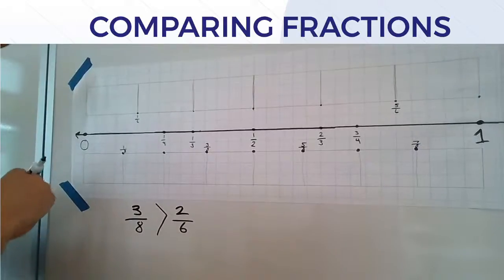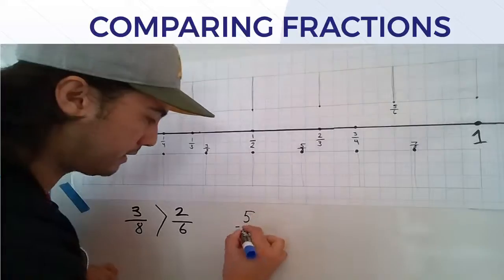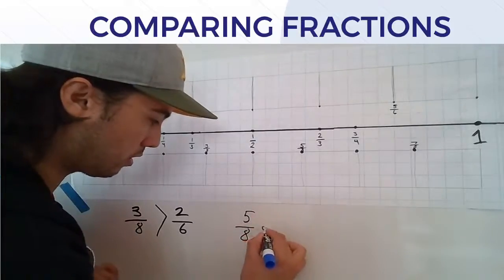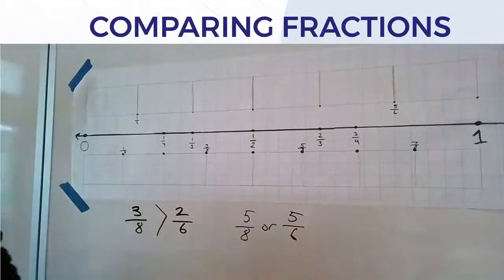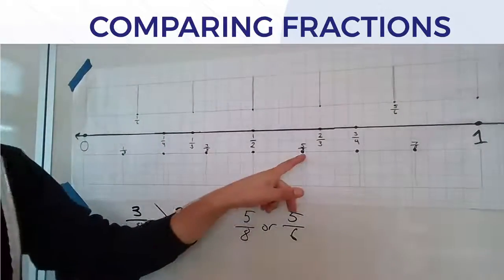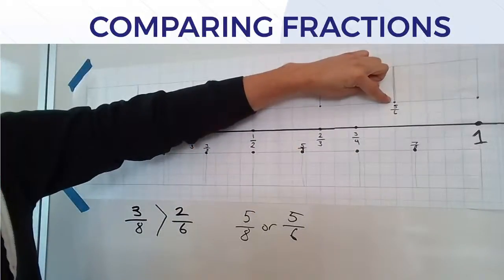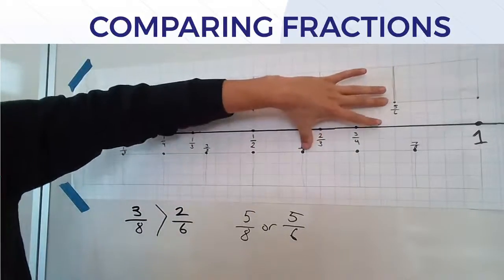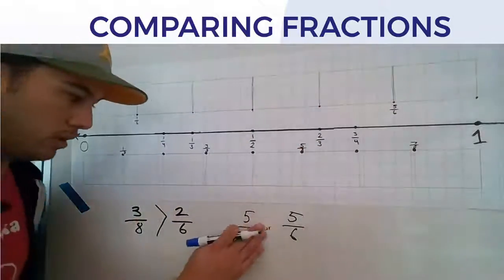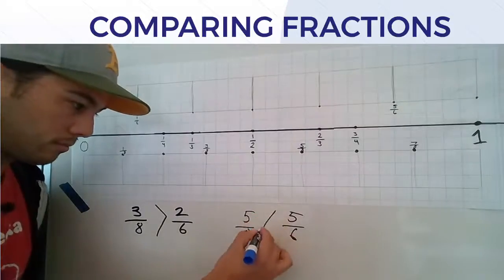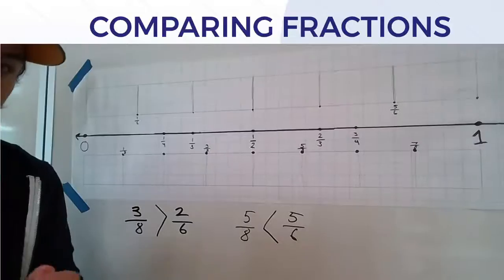If we had something else like, oh, I don't know, 5/8 or 5/6, right? We'd look here, 5/8 is there, and 5/6 is all the way over here from 0. So 5/6 definitely greater because it's closer to 1.